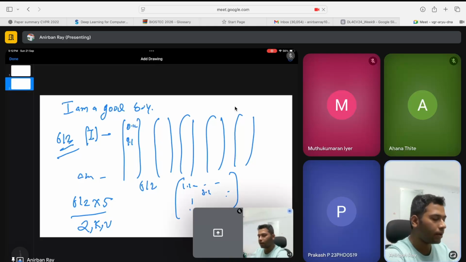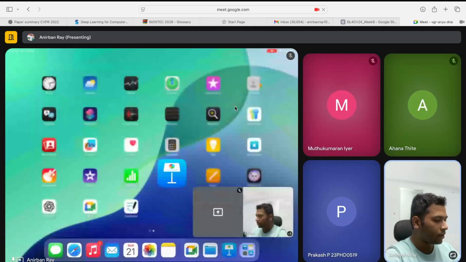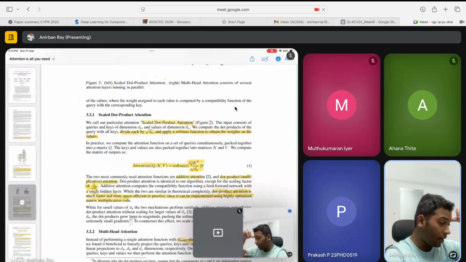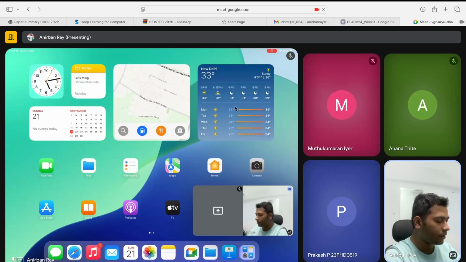Now the attention is softmax of Q K transpose under root d_k, into V. So the attention has been defined as, where was I?